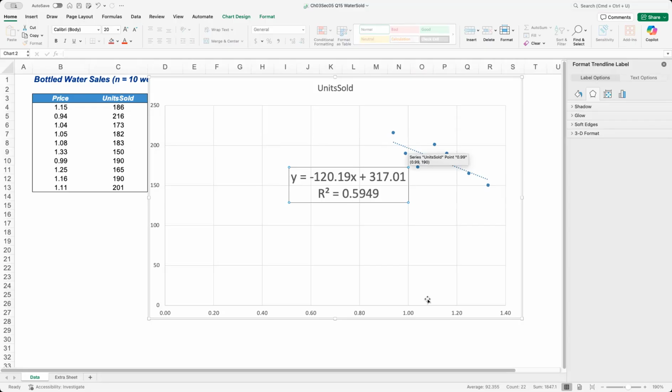Oh, wait a minute. We took a square root, but this number should be negative. So I want the negative. Remember, when you take a square root, you get a positive value and a negative value. So I need to know which way it's going. Well, that's going negative. So it should be negative 0.77. Again, the closer it is to 1, the better. That R value is always between -1 and 1.